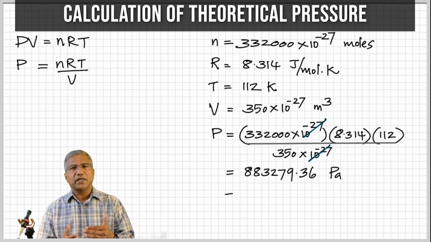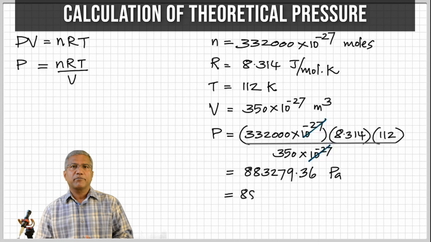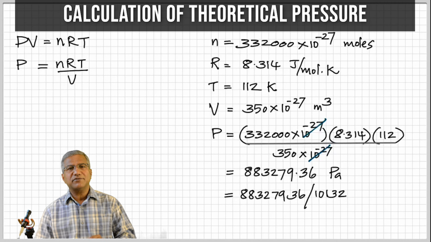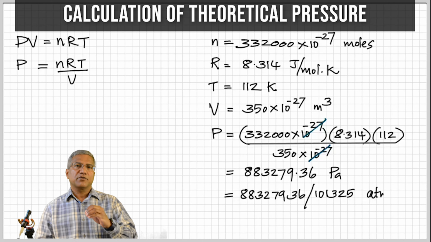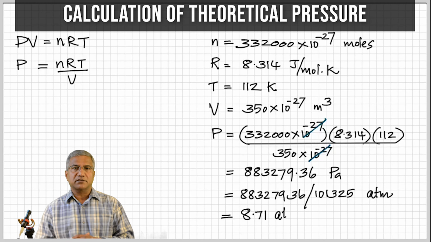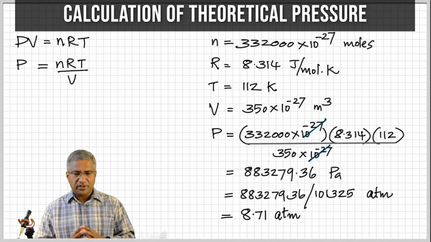To change this into ATM, you divide by 101325, because 1 ATM is 101325 pascals. So when you do that, you get the pressure in the container in ATM. So 8.71 ATM is what we get.